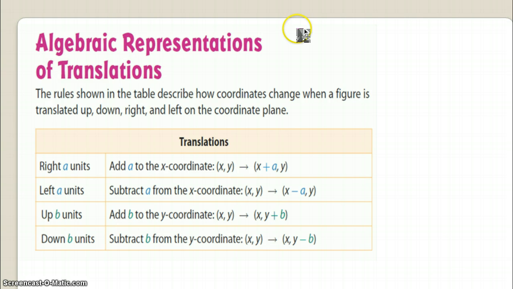The author says that these rules in the table describe how coordinates change when a figure is translated, either up, down, right, or left. So here's what the rules say. It says that if you're going right so many units, that's what A means, you add A to the X coordinate.